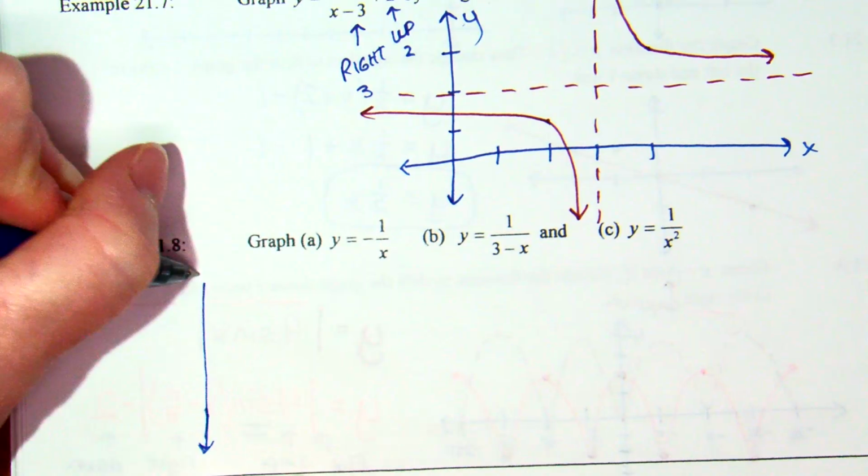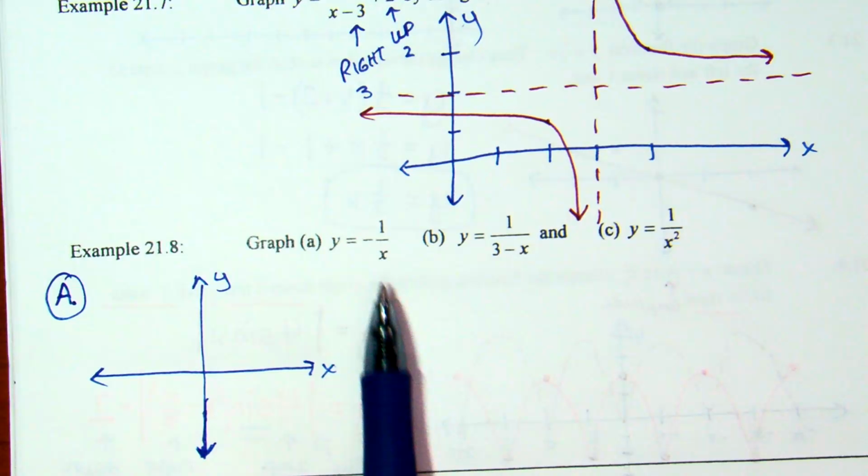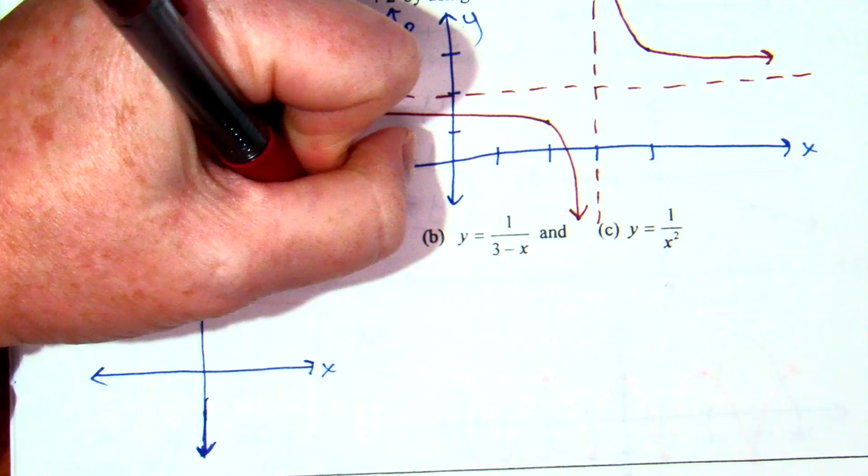Thoughts on A? Y equals negative 1 over x. It's reflected. Yes, that negative is a reflection. Officially, if the negative is out front of the function, we call it a reflection over the x-axis.